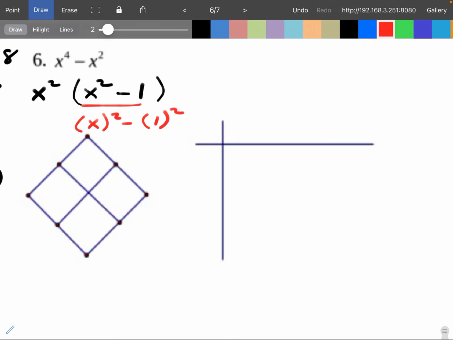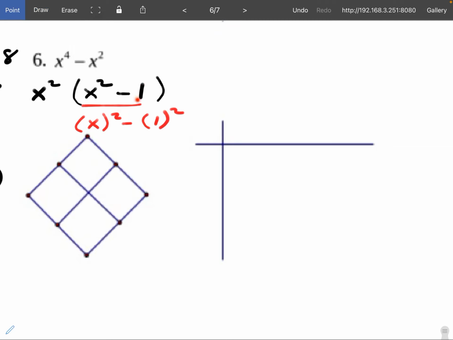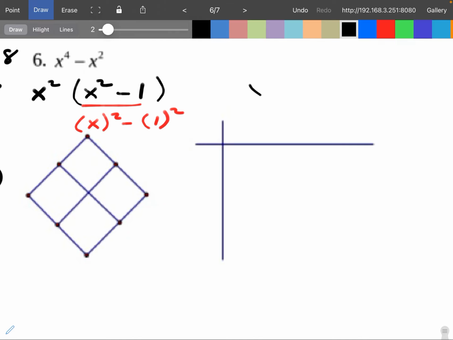Remember, if you're looking for the difference of two squares when there's two terms, you're looking for perfect square numbers. So you're looking for variables to even powers. And then you're looking for this number right here to be a perfect square. Perfect square numbers are 1, 4, 9, 16, 25, 36, 49, 64, 81, 100. All those numbers.